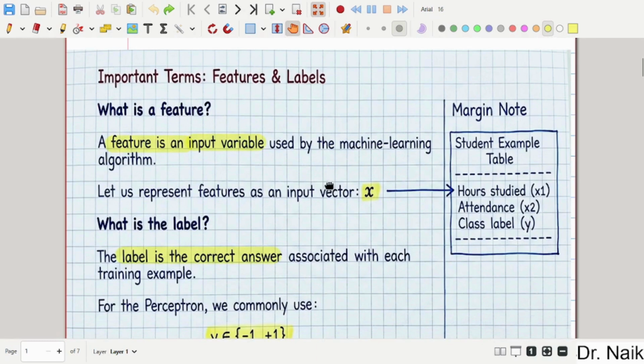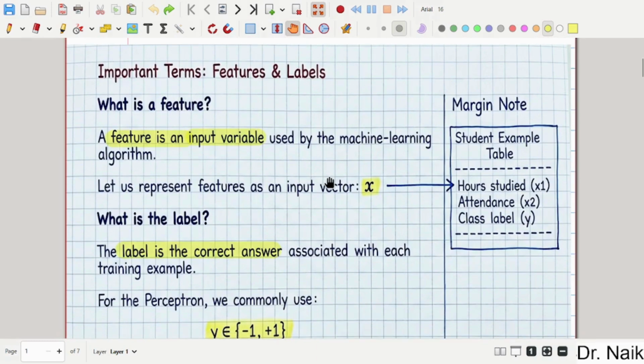Now recall, what is a feature? A feature is an input variable used by the machine learning algorithm. Let us represent the features as an input vector x. For example, consider the student example table. x1 means hours studied and x2 means attendance.